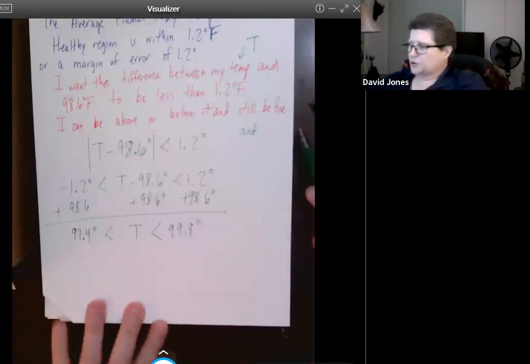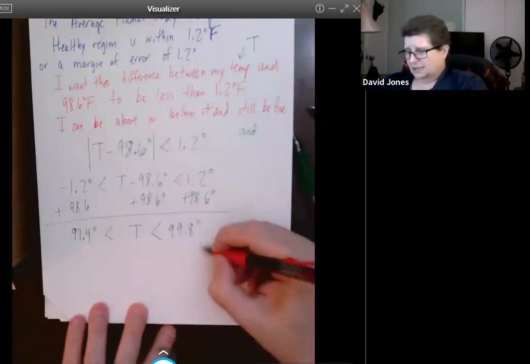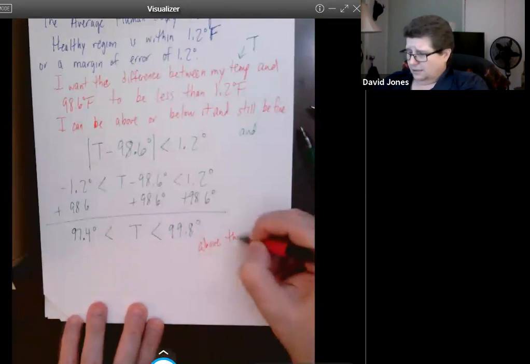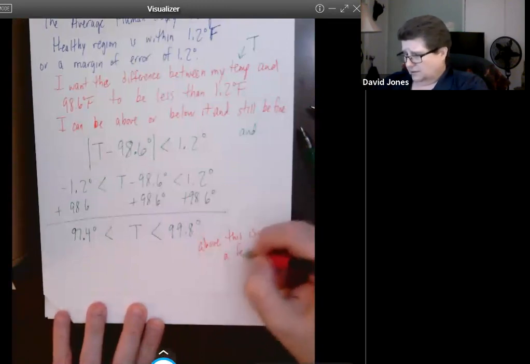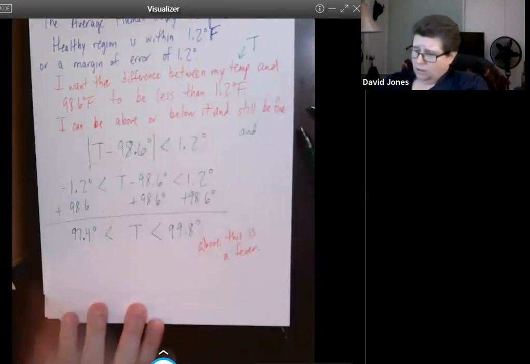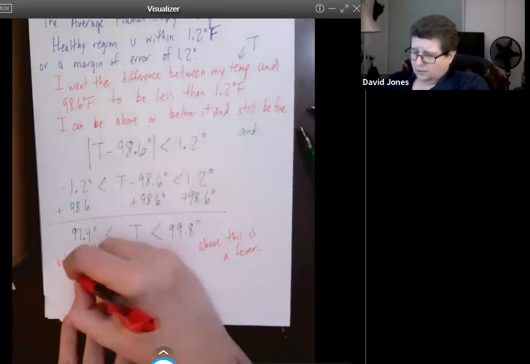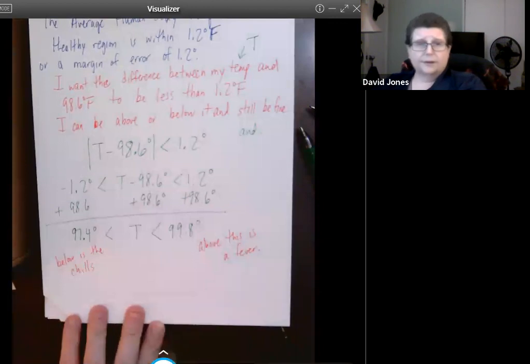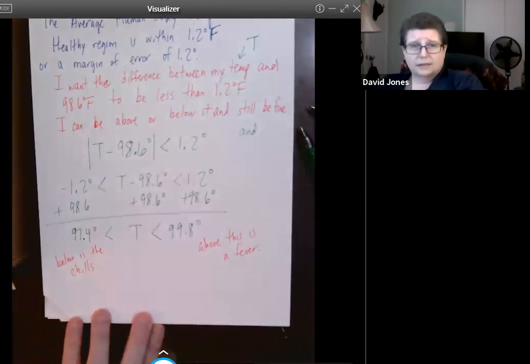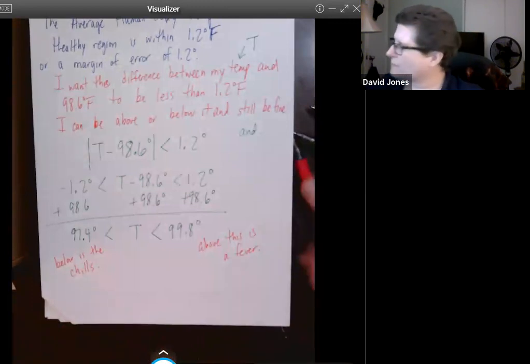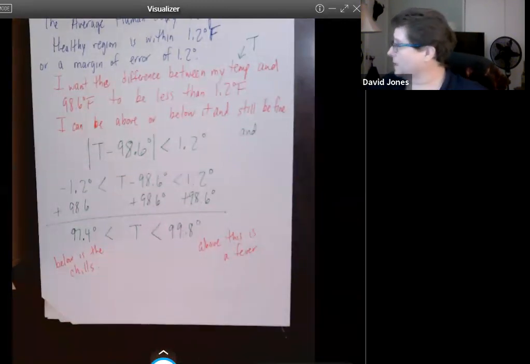Maybe 1.2 is too high, but above this is a fever, and below it, you've got the chills. You're too cold. So that's what I mean by these types of problems coming up in real life, margin of error.